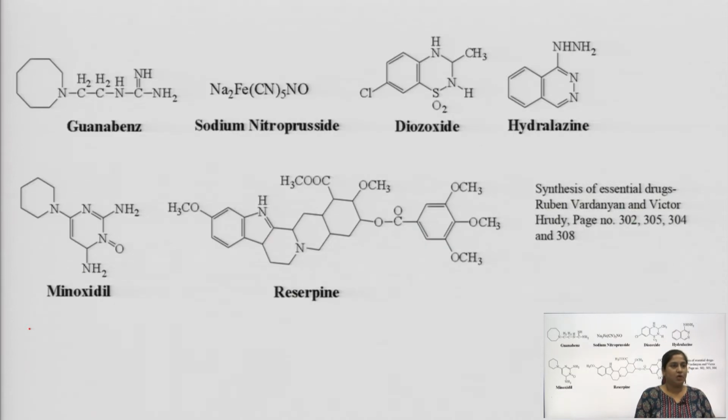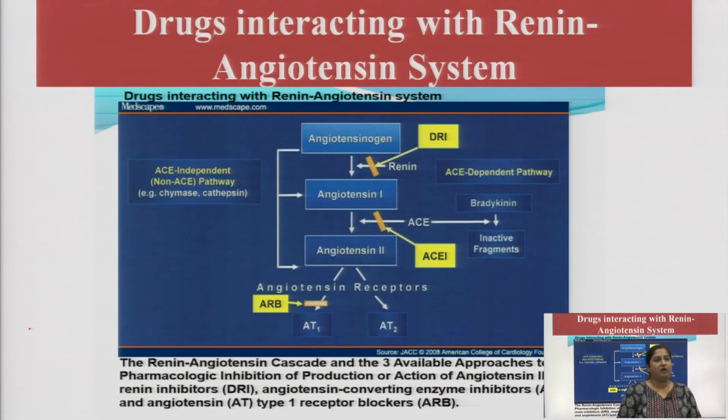Then comes guanabenz, sodium nitroprusside, diazoxide, hydralazine, minoxidil and reserpine. So, these are the drugs which we studied for the antihypertensive agents. So, how do these drugs work?